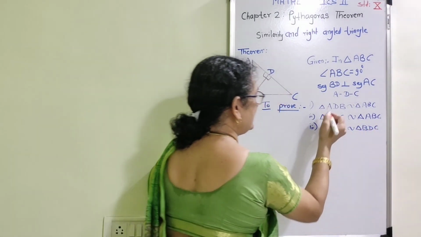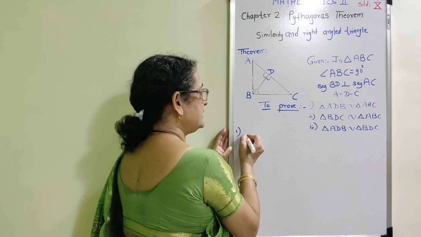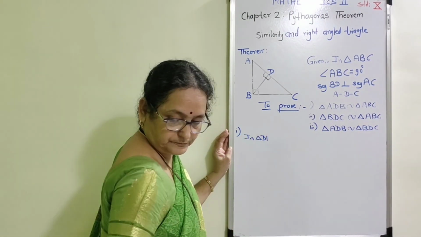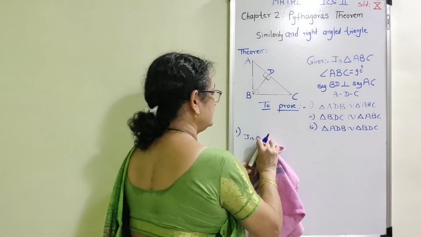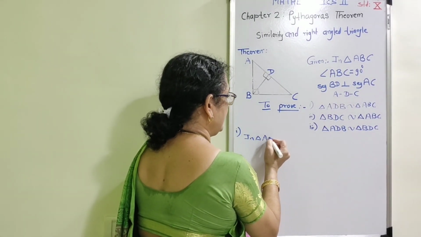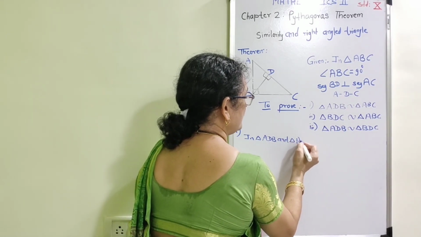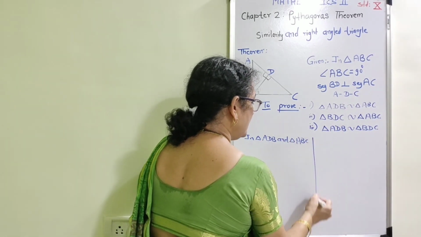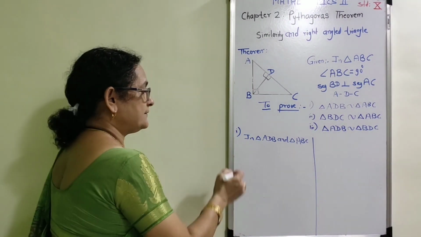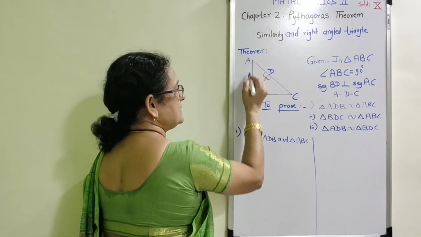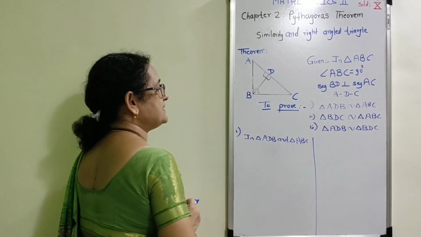Now we are going to think about the first part, that is, in triangle ADB and triangle ABC. Observe the two figures. First one is triangle ADB. Second one is triangle ABC.